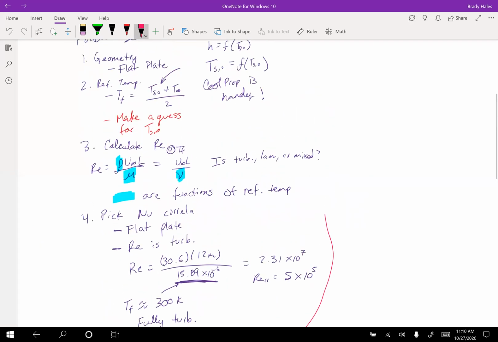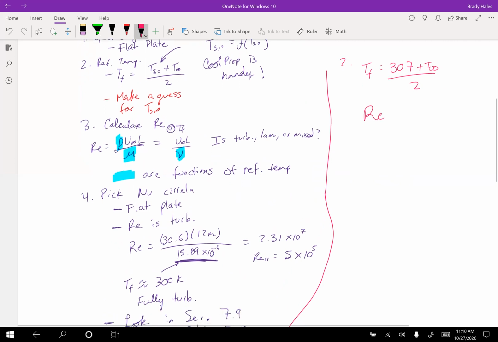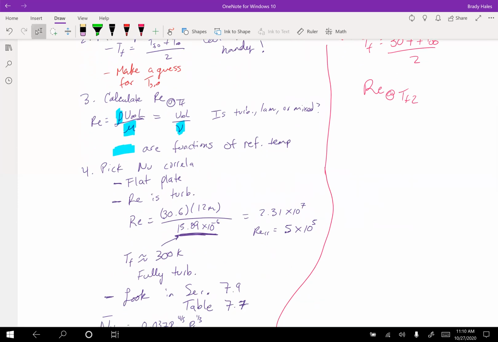So we're going to say T_F2 is equal to that thing you just calculated, 307 plus T infinity, over 2. And then you look at your Reynolds number at the new film temperature, I'm going to say T_F2 for the film temperature 2, right? And then we calculate h again.